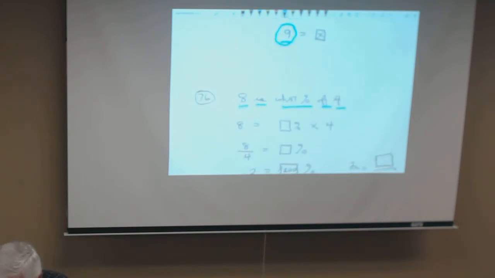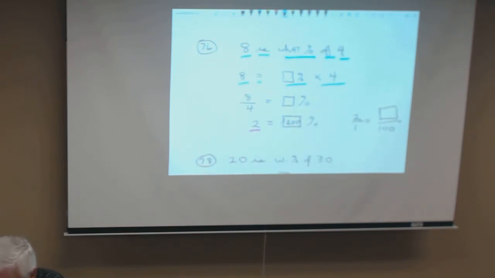So I come down here and put 8 equals what percent, I put that in a box, of is times 4. How do I simplify this? Divide by 4, divide by 4, and I end up with 2 equals some percent.